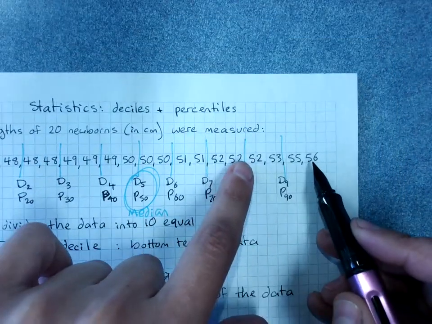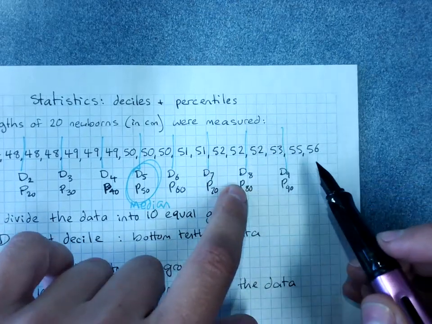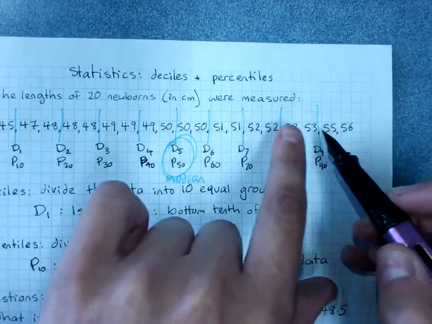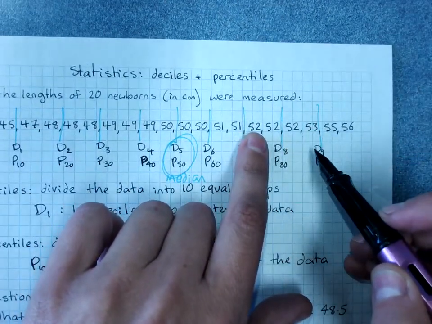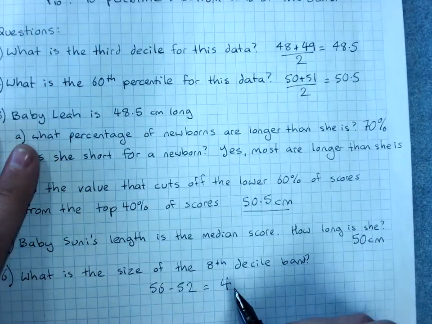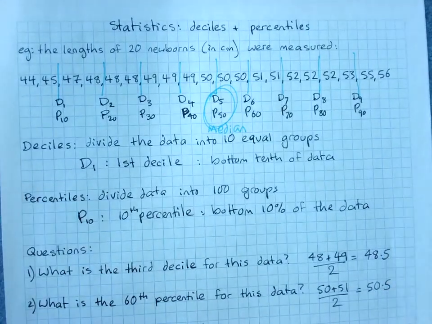So there's 4 centimetres difference between the top 80%, the top 20%, because this is 80% here, obviously. So this is the top 20%, and there's 4 centimetres difference between those. So that's a bit of an introduction to deciles and percentiles.